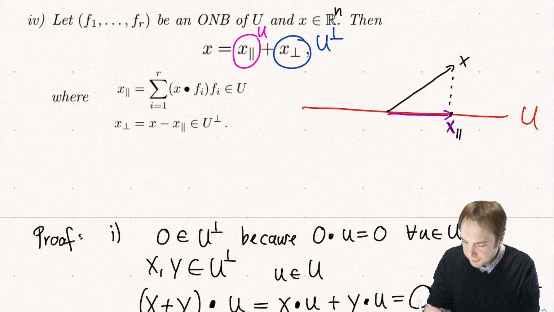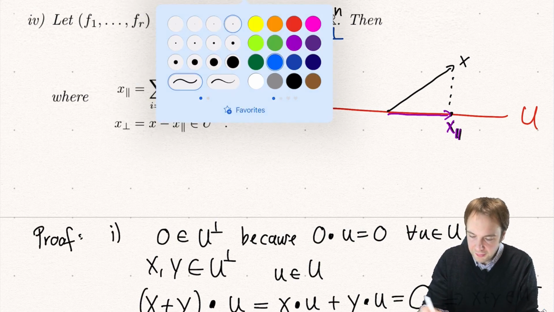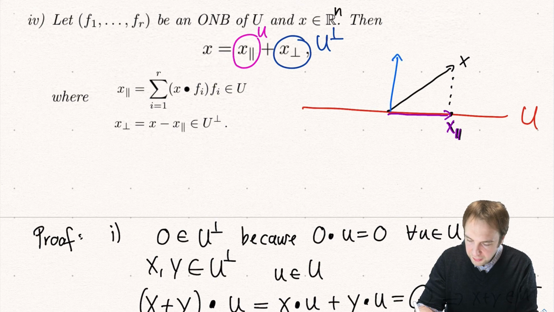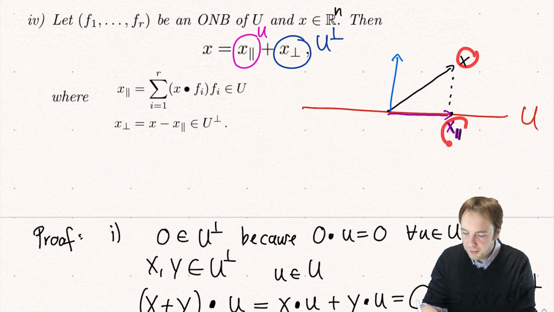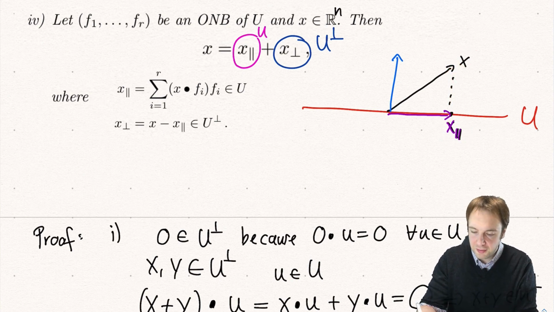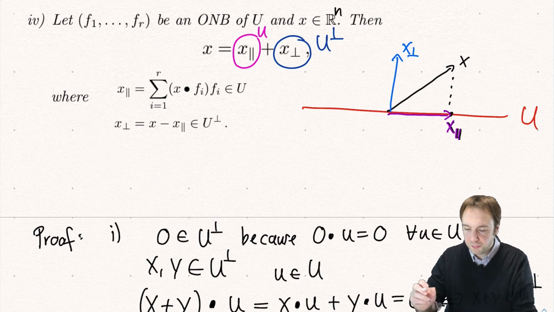So this here is x parallel, and if I take x minus x parallel, which is this vector here, then this will be an element in U orthogonal. So this here is x orthogonal.